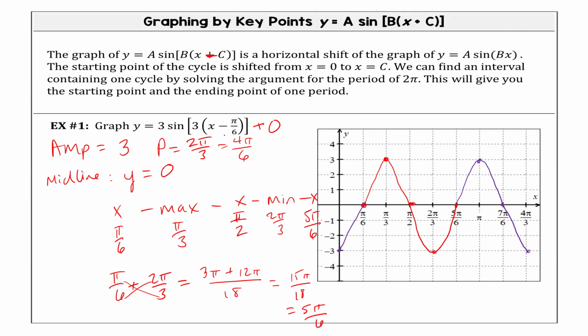Because you are adding to your x's. Technically, if you're thinking about it from your parent function table, what your rule is to your x's, to each one of your x's you are adding pi over 6 and dividing by 3.